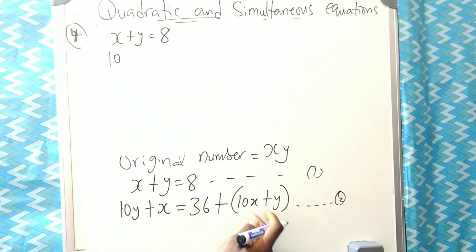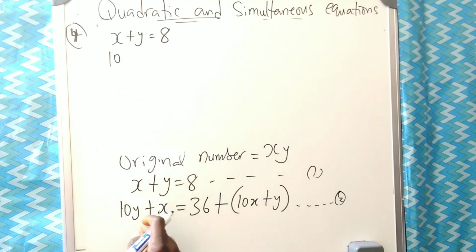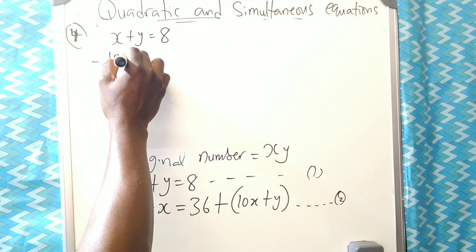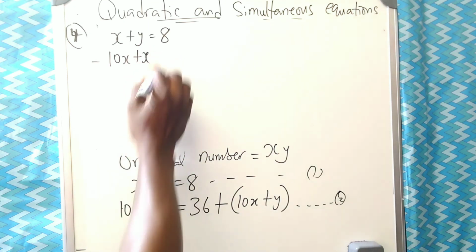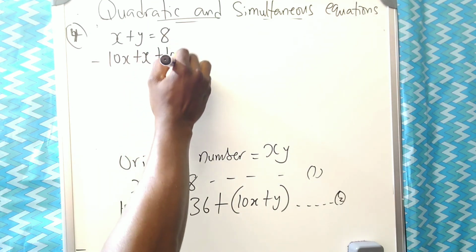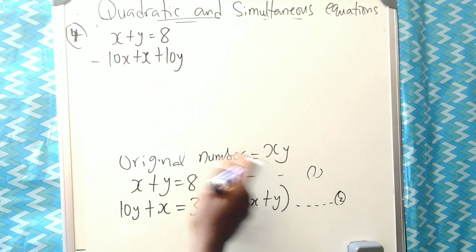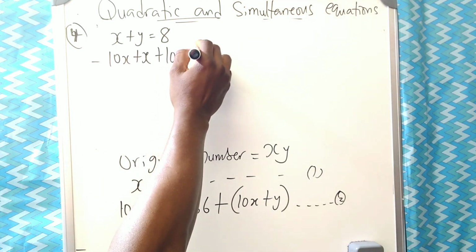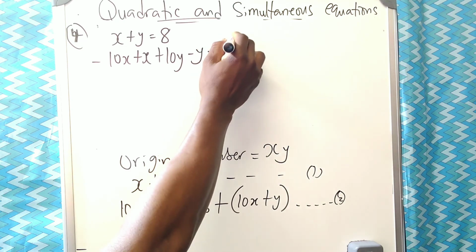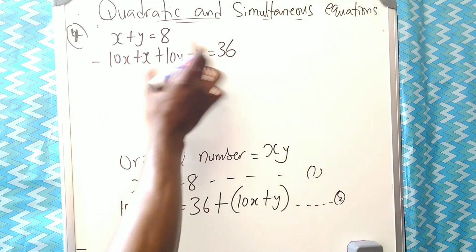If we bring the 10x to this side, definitely it's going to be minus 10x plus x. There is a 10y already here. If we bring this y to the other side of the equation, minus y equals 36. We can resolve this further.